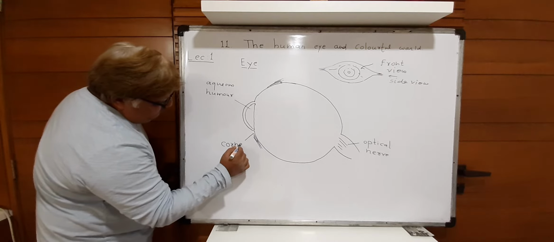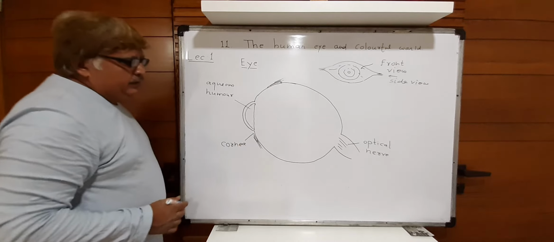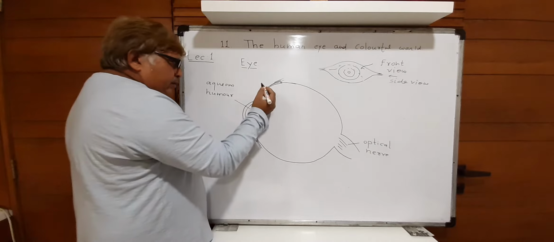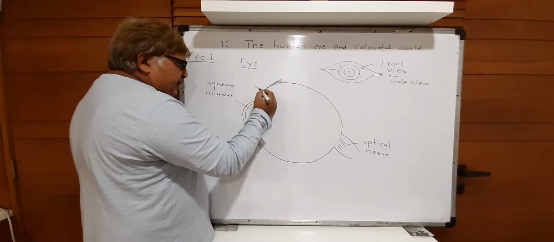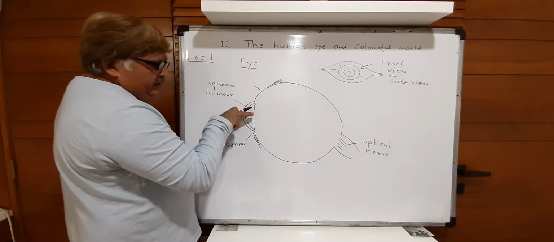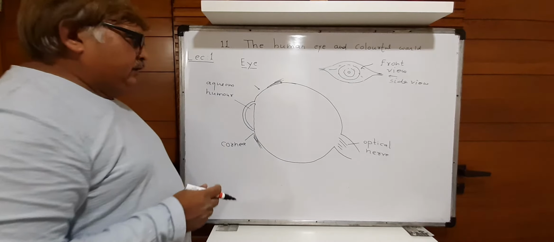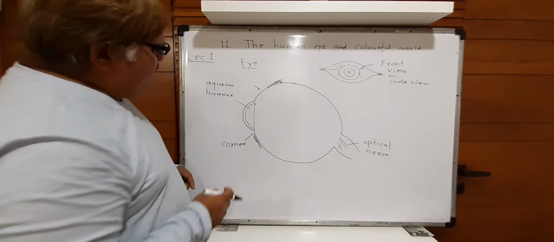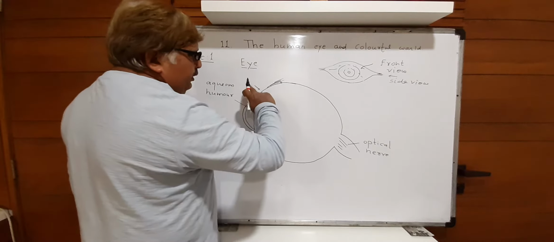Actually, light first falls on our cornea only. Through cornea only the light passes, understand? Then aqueous humor, and then comes the lens. So first you try to understand how to draw this diagram.